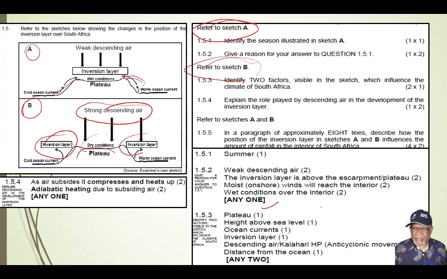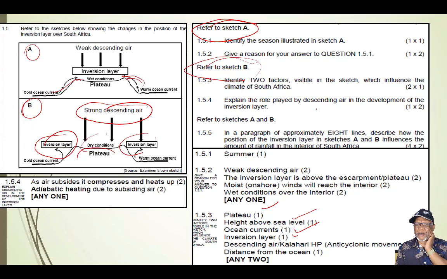You can see height above sea level, ocean currents. You can see everything here. So the examiner wanted to give you 3 marks, but you'll find that some people are not getting it right because they will not read. This is just free 2 marks.